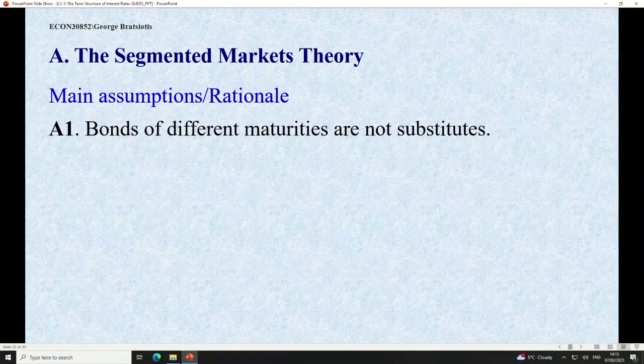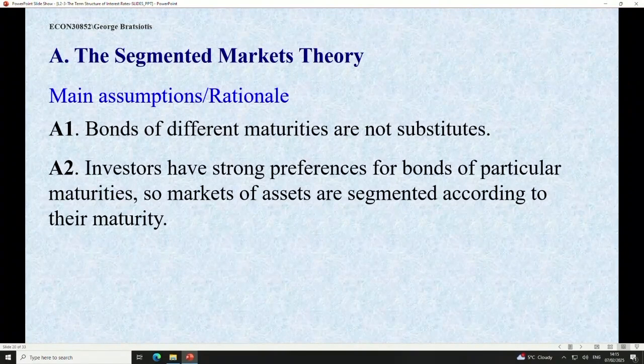Now, the second assumption is that investors have strong preferences for bonds of particular maturities, as I said. So markets really are segmented according to maturity. That's why the theory is called segmented markets theory.